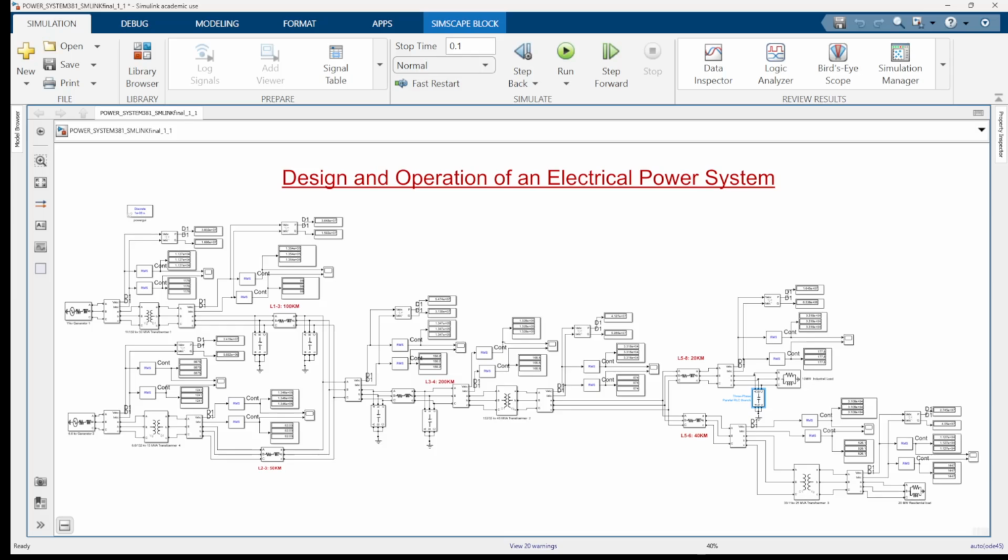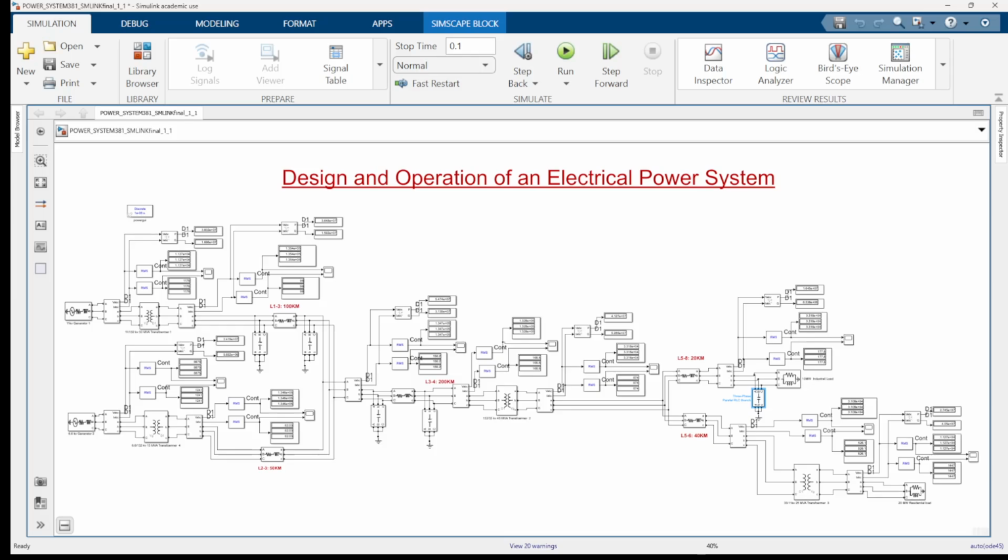Then power factor correction significantly improved voltage stability and reduced the reactive power. That was a short result discussion.